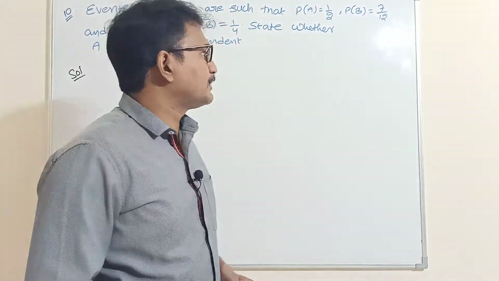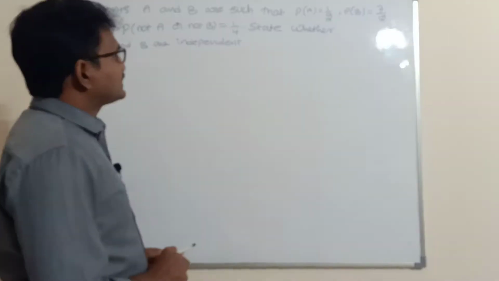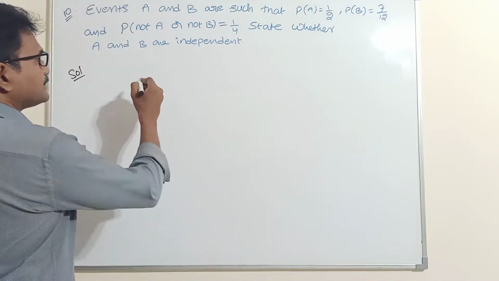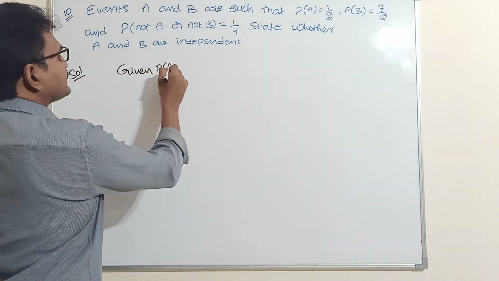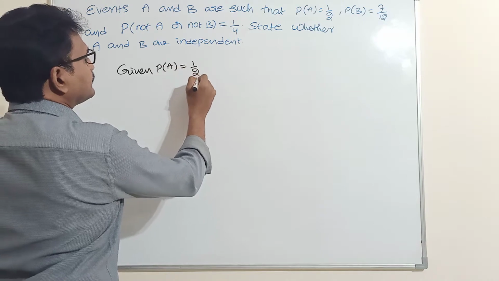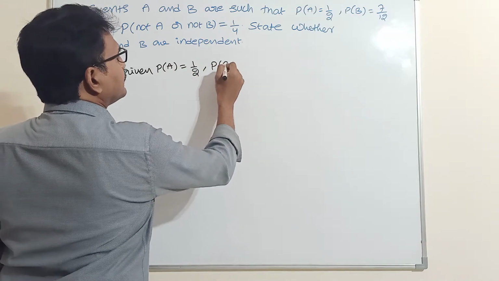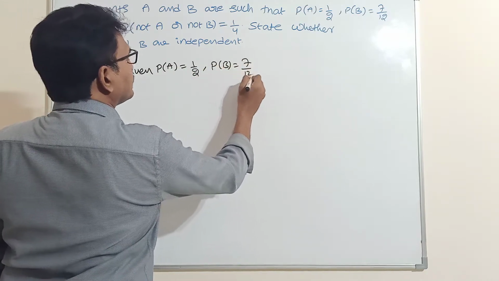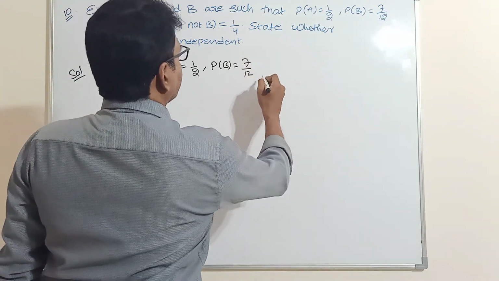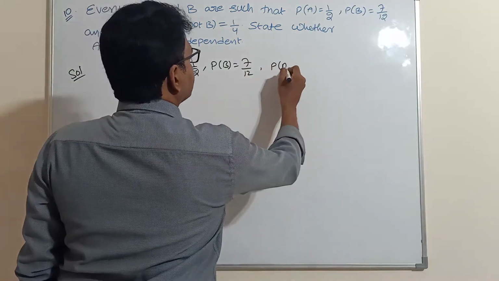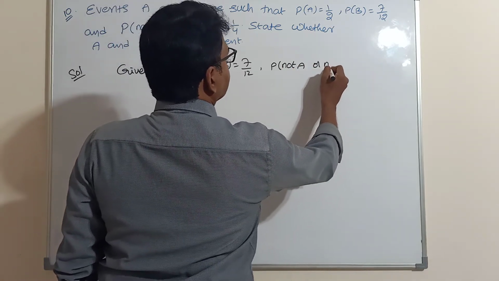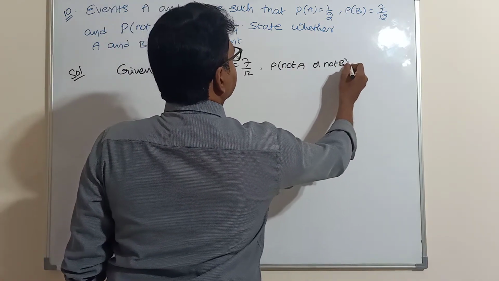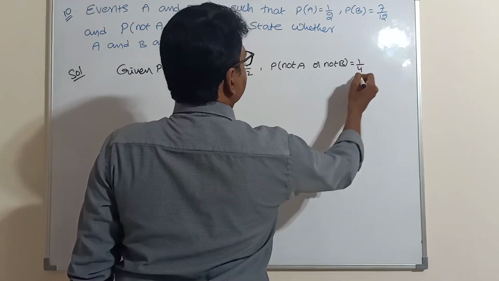Next, problem number 10. Events A and B are such that P of A is equal to 1 by 2. Given P of A is equal to 1 by 2, P of B is equal to 7 by 12, and P of not A or not B is equal to 1 by 4.